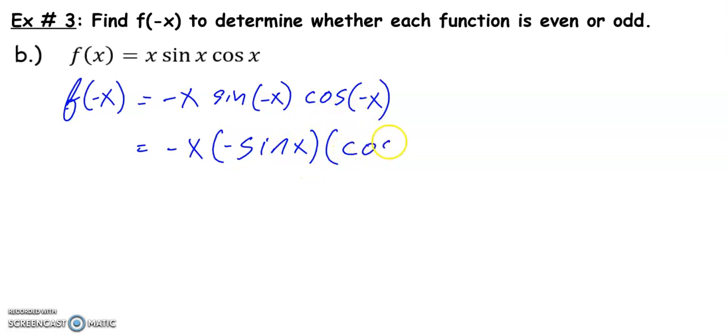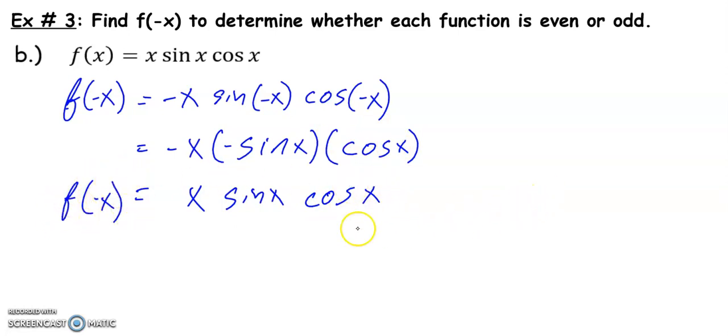Cosine of negative x is just cosine of x. So now I have a negative times a positive, so that's going to be a positive x sine x cosine x. I ended up with the function that I started with. When I plug in a negative, I ended up with my original function. That means we are even. Odds, the signs change. I plug in a negative, I get out a negative. Even, I plug in a negative and I get out my original function.